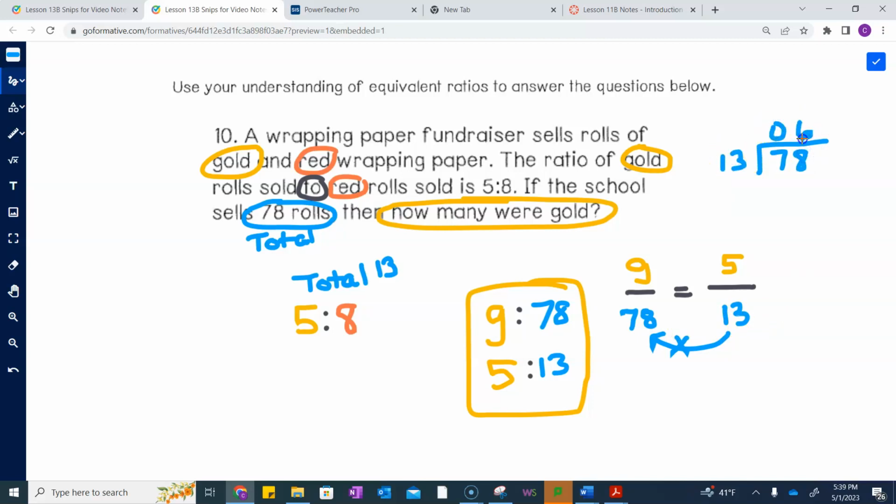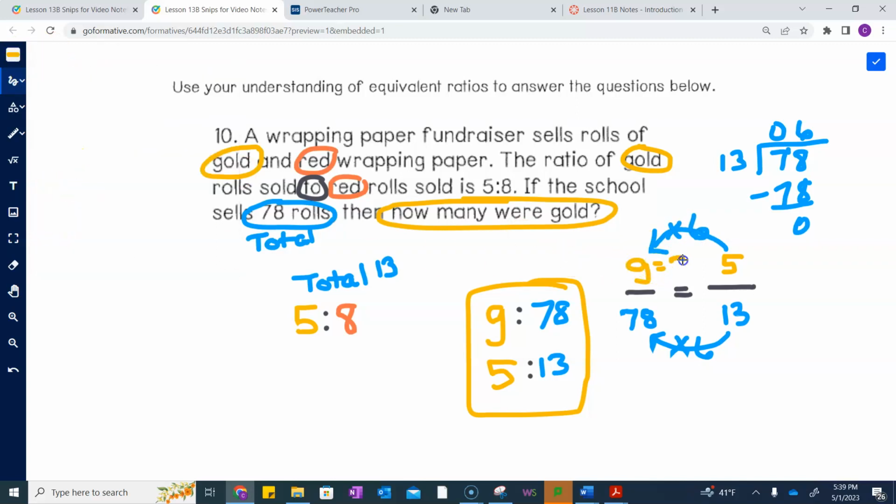And I believe it's 6. 3 times 6 is 18, carry the 1. 1 times 6 is 6, plus 1 is 7. Yep, 6 times. So I'd have to multiply that by 6. Every time I have 5 gold, there were 13 altogether. So I have to now scale that up by 6. And I get 30.